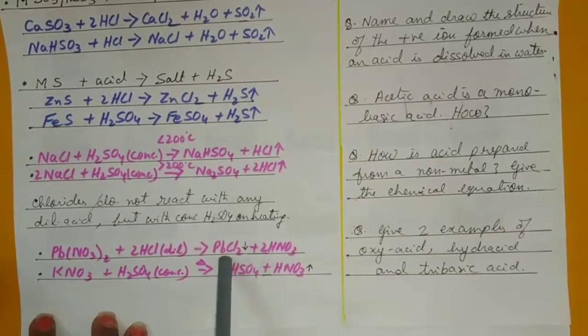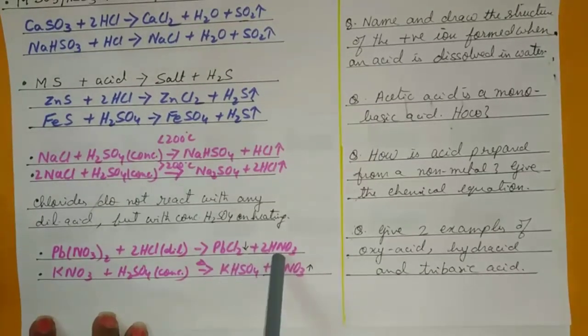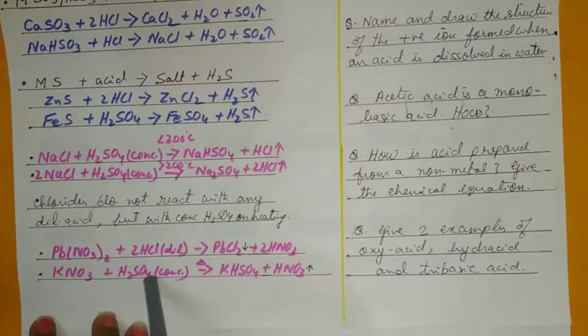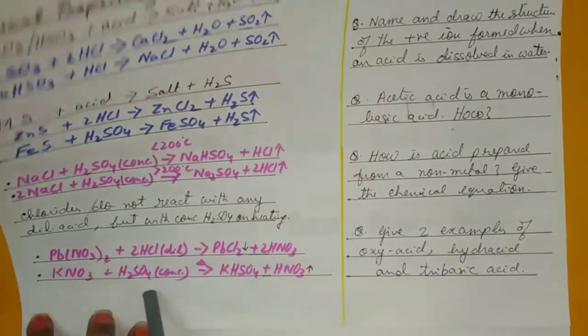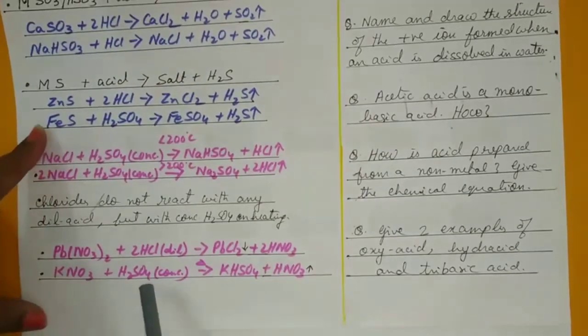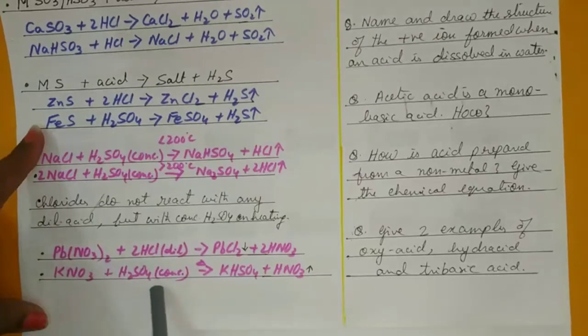These precipitates don't dissolve even in strong nitric acid, but they will dissolve in ammonium hydroxide solution. This also we have done in the HCl chapter. So if you can refer to that video of mine, it is going to be clear once again.